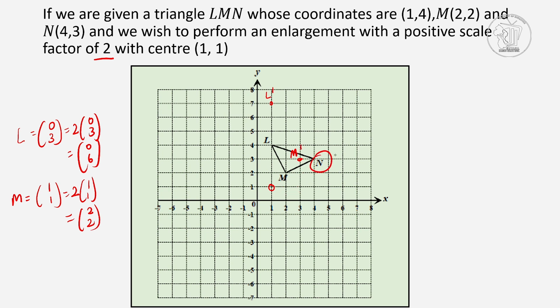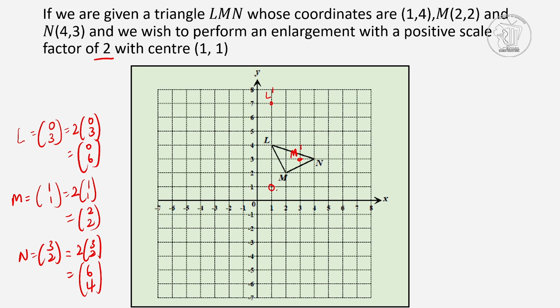And then we do the same thing for N. We find the image of N, so we see N from the center of enlargement. We go 1, 2, 3 times across, so we go 3 times across and we go 1, 2 times up. So because it's a scale factor of 2, we multiply 2 by (3, 2). So 2 times 3 is 6, 2 times 2 is 4, so it's (6, 4).